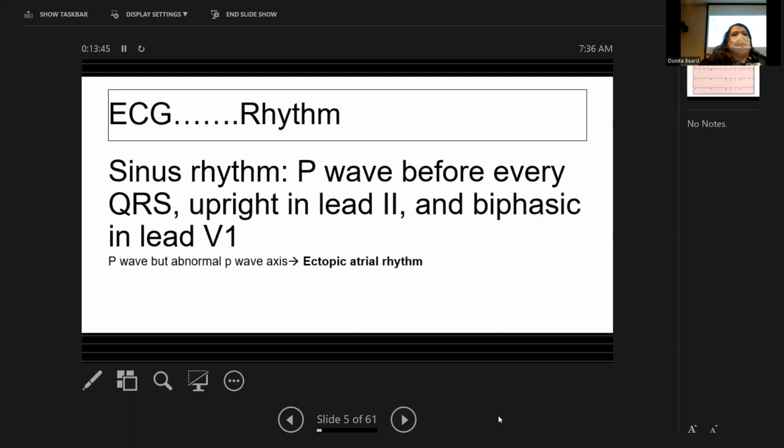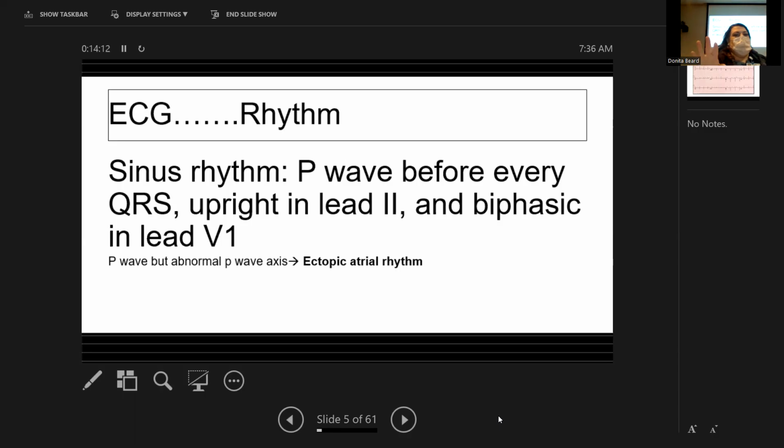When you're determining the rhythm, you're always looking at the P wave, and the 2 most important leads are lead 2 and V1. If it is normal sinus rhythm, the P wave will be upright and positive in lead 2, and biphasic in V1, with at least some upward and downward projection.